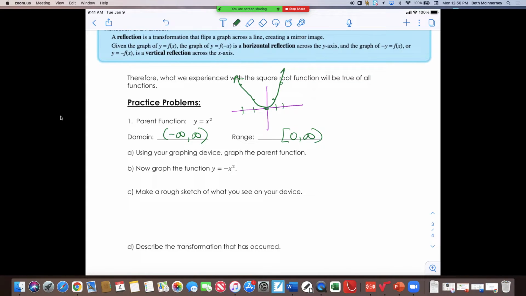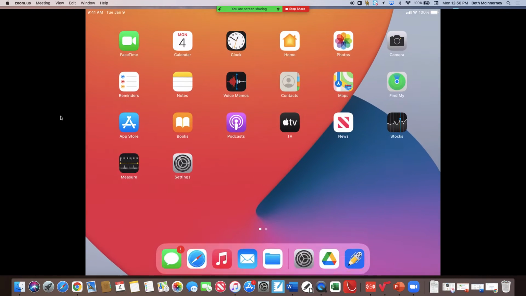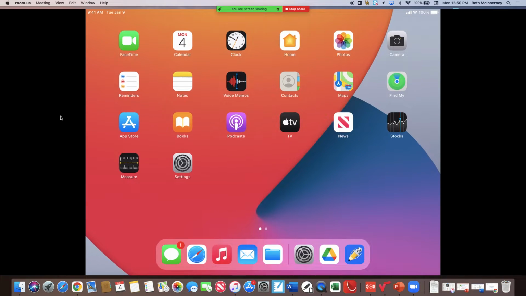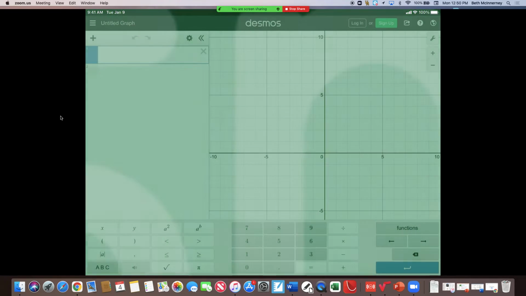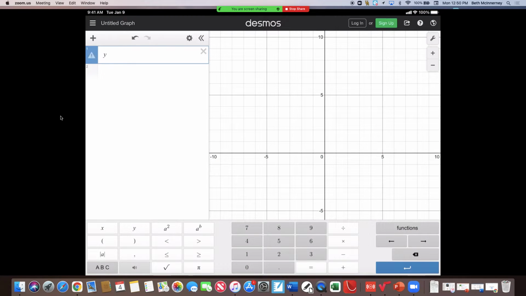What you do is you press menu, do a new doc, and pick graph or sketch a graph. I'm going to go ahead and pull up my Desmos here. Yes, y equals -x squared.